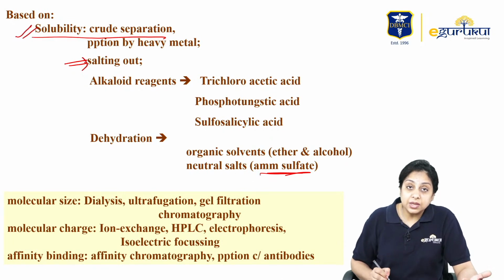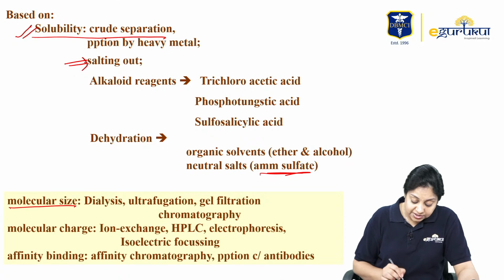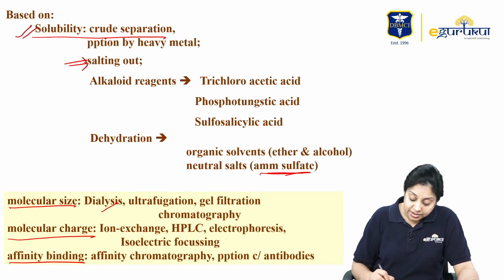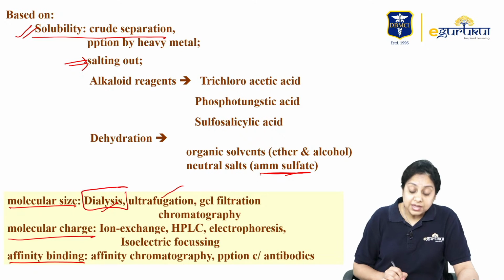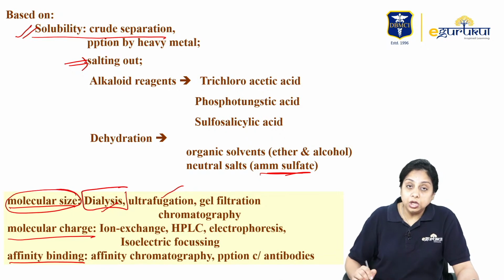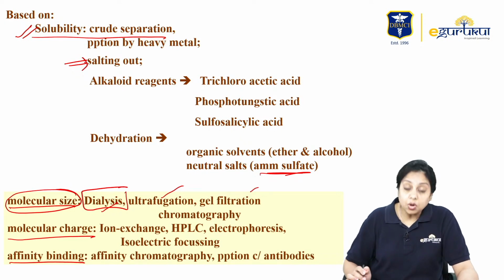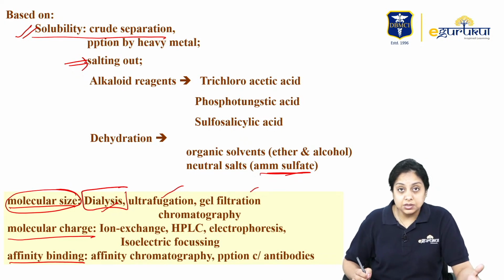But we can separate the proteins based upon the molecular size, molecular charge and affinity binding also. Molecular size is like dialysis that we do, ultracentrifugation. What is the basis of dialysis? Proteins are separated based upon the molecular size. That is another way to look at it. Okay, gel filtration chromatography, these are separating the proteins based upon the molecular sizes.